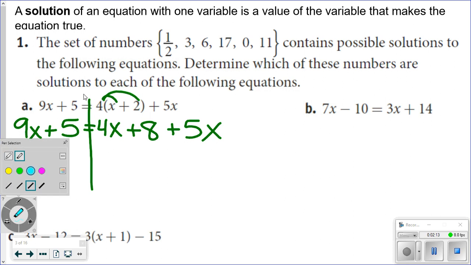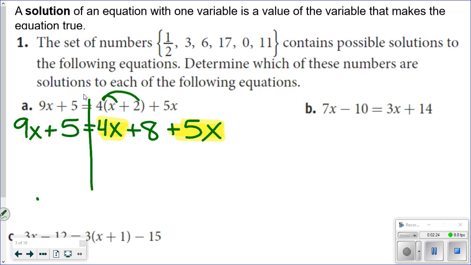On the right-hand side, I notice that I have like terms. I have a 4x and a 5x. They're both on the same side of your equal sign or your line. So because they're on the same side, we want to keep the sign here.